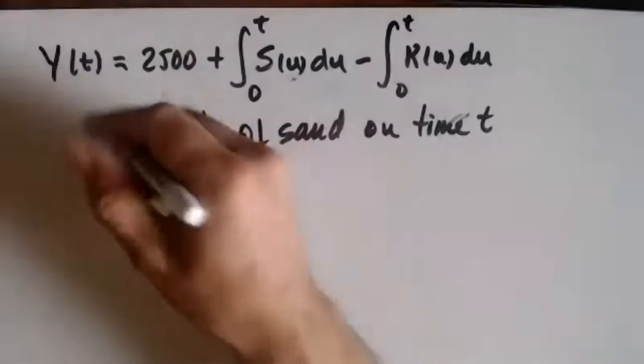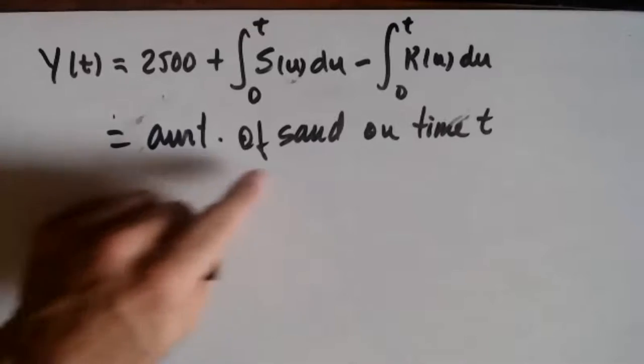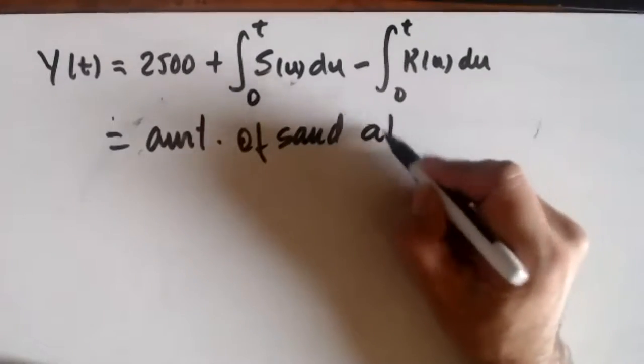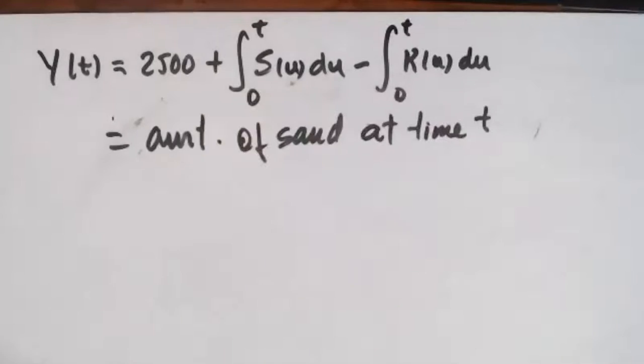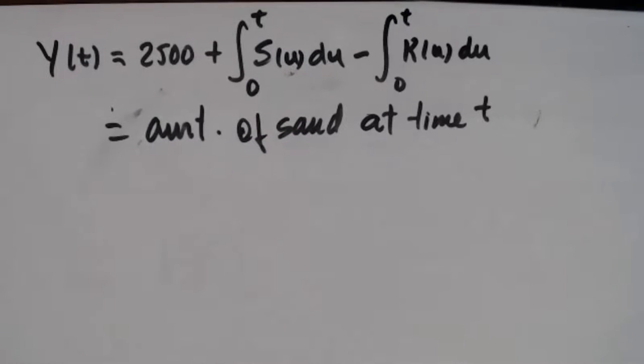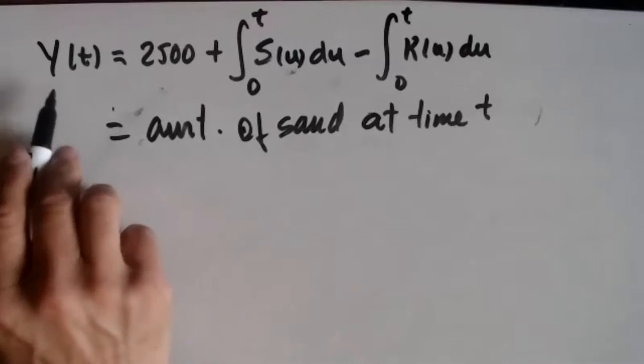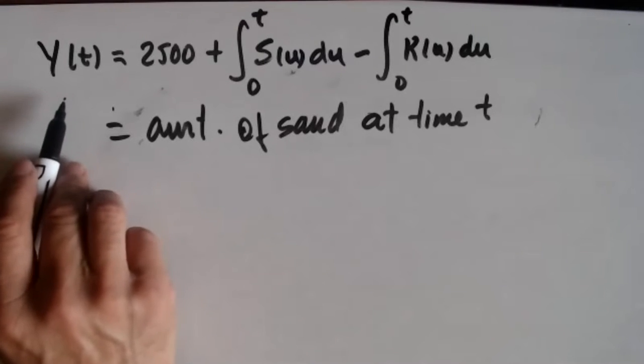Y is the amount of sand on the beach at time t. Now, you need the minimum of y of t.